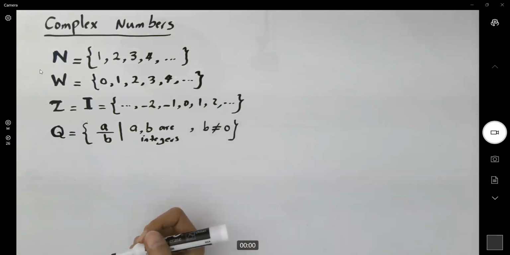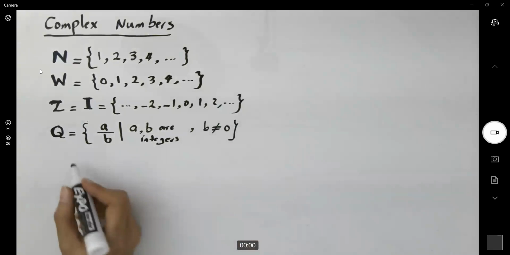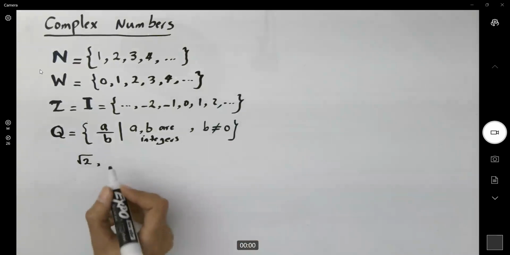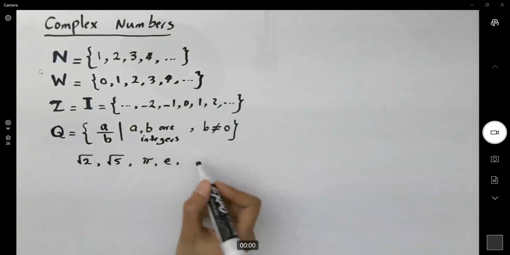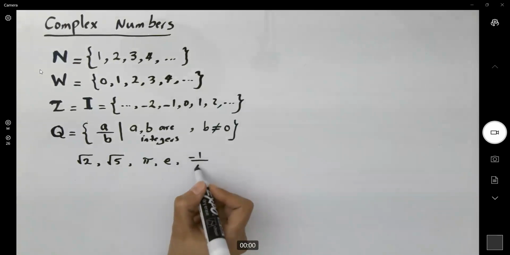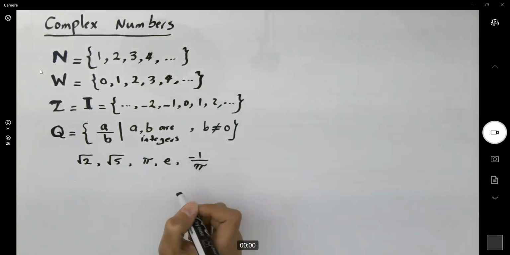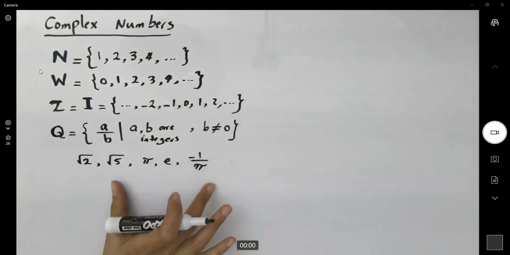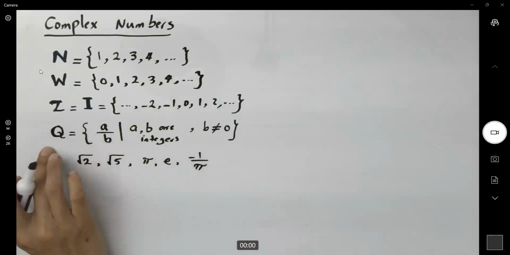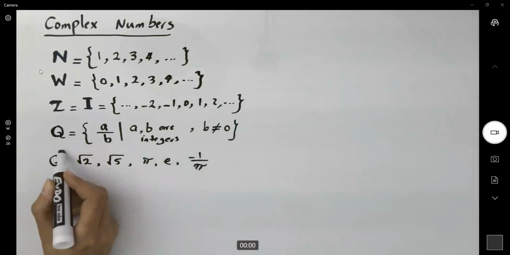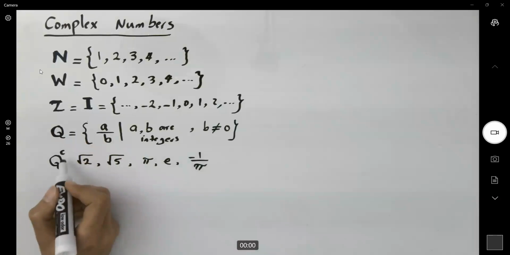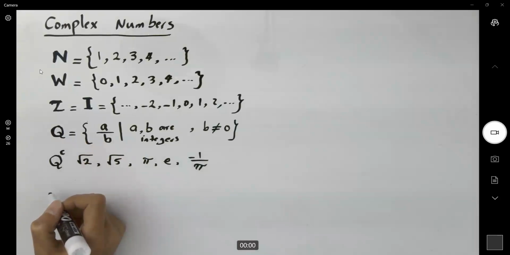Very well. Then they came up with numbers like square root of 2, square root of 5, pi, Napier number, -1 over pi, and numbers like this, which are not rational numbers. So they call them irrationals. Q complement, or irrationals. They put a little c on top of Q and they call it irrational numbers. Okay.